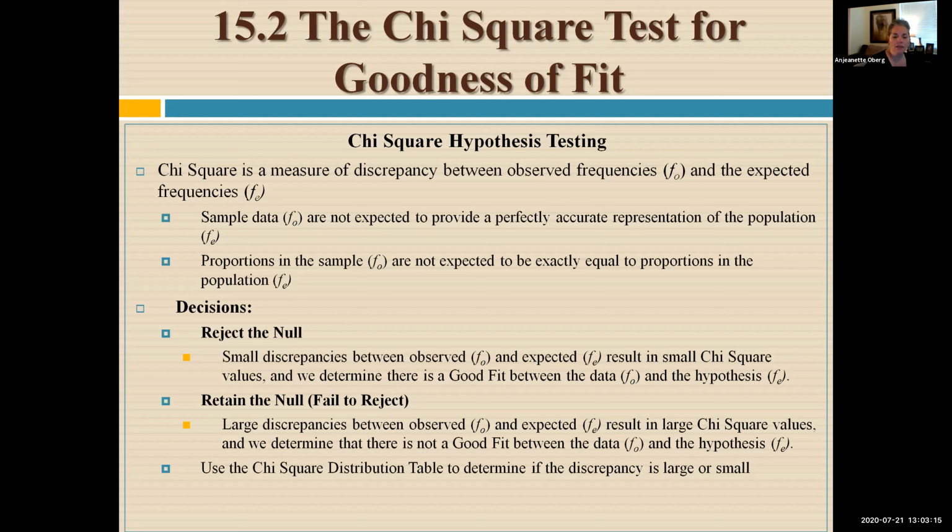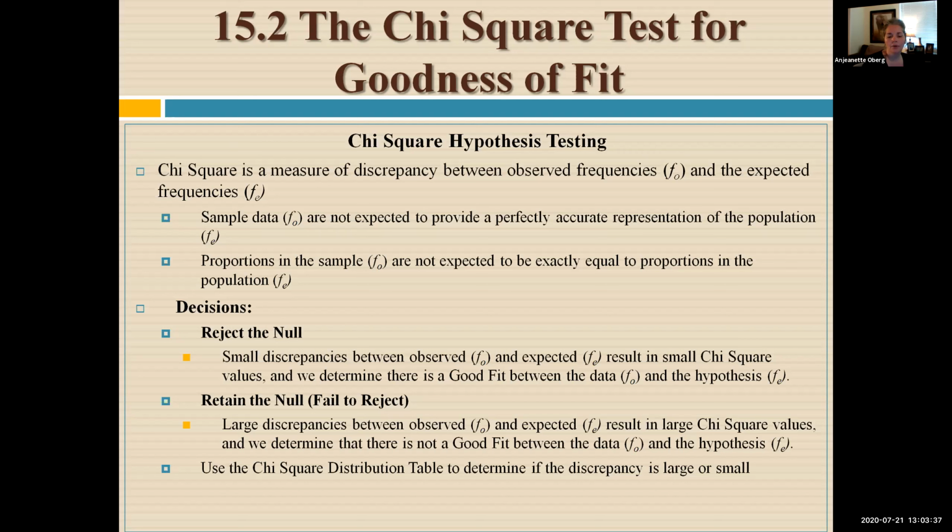When there's small discrepancies or no discrepancies, right? Then we say there is a goodness of fit between the data and what was expected in our hypotheses.